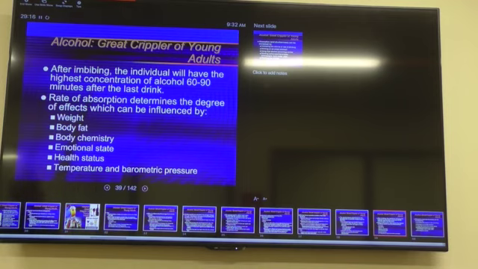After imbibing, the individual will have the highest concentration of alcohol 60 to 90 minutes after the last drink. So you're done drinking, you've drunk your 18 beers, and you decide that you need to go home, and of course you had your last beer an hour ago. Well, you're the drunkest you're going to be right now, as soon as you walk outside.